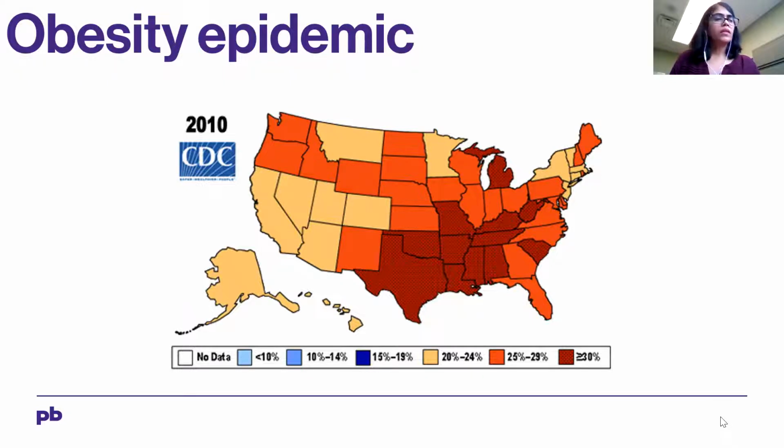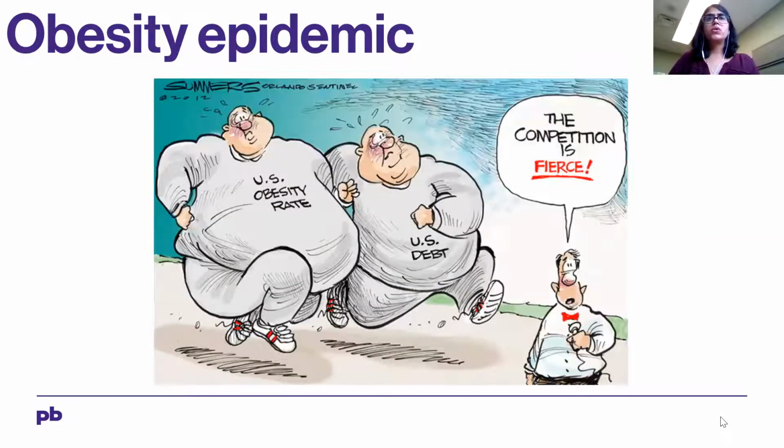Now, looking at these increasing obesity rates, you do think, is there anything that is keeping pace with this obesity epidemic? Perhaps the US debt. Even though the debt may be a tad bit ahead, the obesity rates are really giving it a fierce competition.